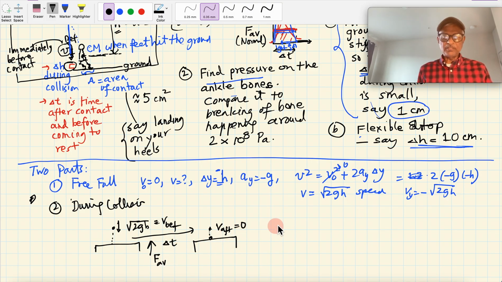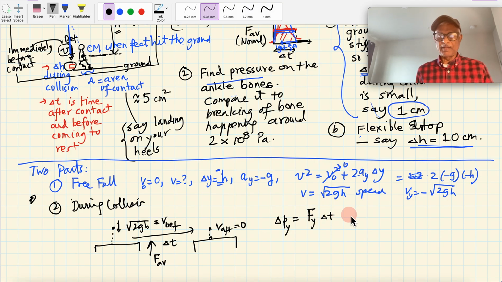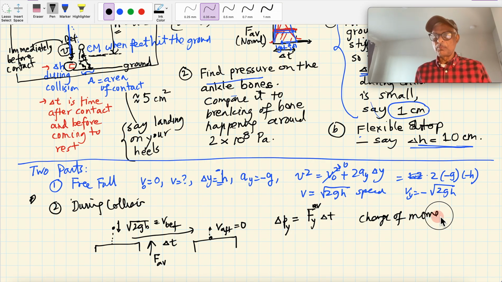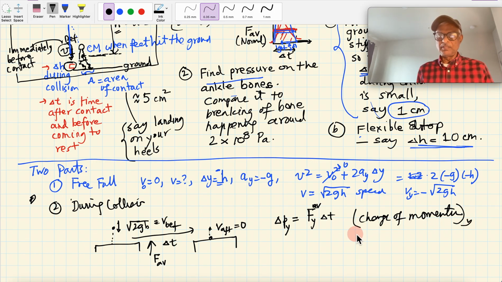So we can do the change of momentum along the y-axis, which is F y delta t average. So this change of momentum along the y-axis is equal to the y impulse.